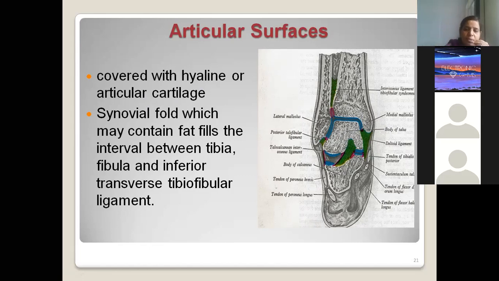Obviously, it will be filled with the synovial fluid, and wherever empty space is there, we will find fatty pads so as to give lubrication. So synovial fold, which may contain fat, is filling the interval between tibia, fibula, and inferior transverse tibiofibular ligament, which I have shown you just in the first slide of ankle joint, isn't it? So there you will see lot of fat is there.